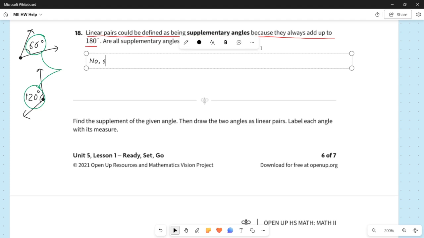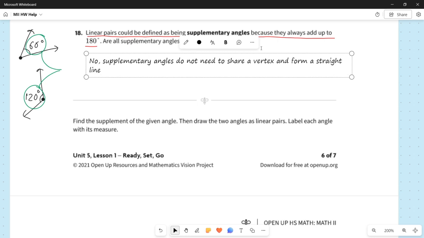No, and the reason is that supplementary angles do not need to share a vertex and form a straight line. Linear pairs share a vertex and a side. They also form a straight line, but supplementary angles do not need to share a vertex and a side, as we just saw in the picture on the left.